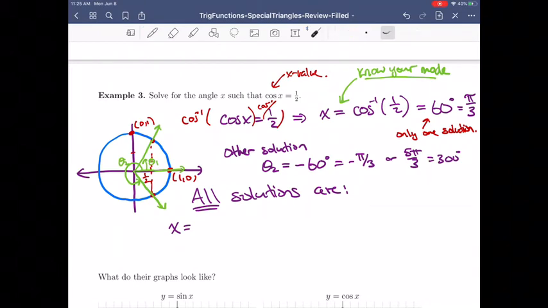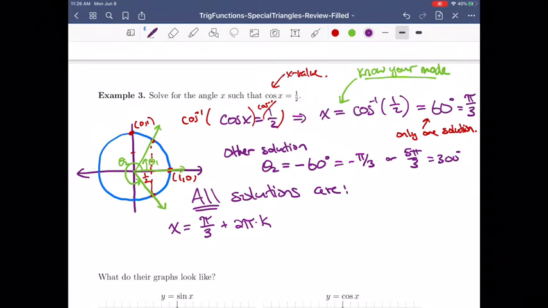So for instance, this theta 1 is 60 degrees, right? But I could go all the way around and then stop at the same terminal side. That's going to be another solution. It's going to have the same cos value. So what I can do is take my angle, which is pi by 3, and add 2 pi to it. In fact, I can add any multiple of 2 pi, where k is an integer.